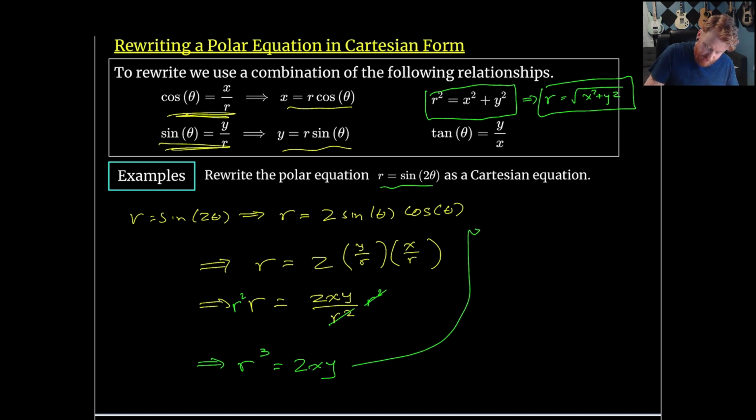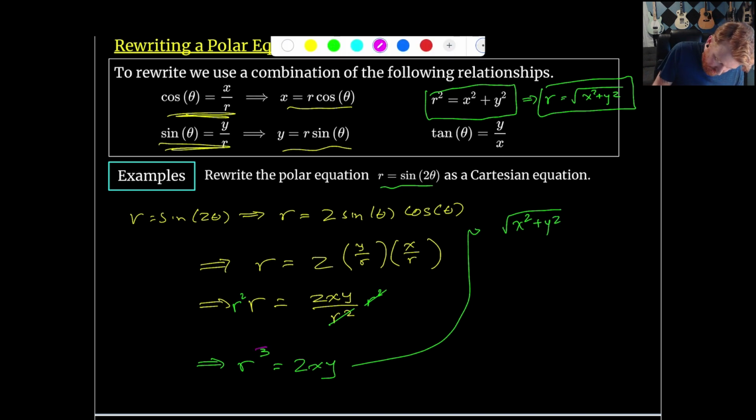In my next step I'm rewriting r as the square root of x squared plus y squared, and then I'm going to cube it. This is going to be equal to 2xy. What I plugged in was r, and then I'm still cubing it.